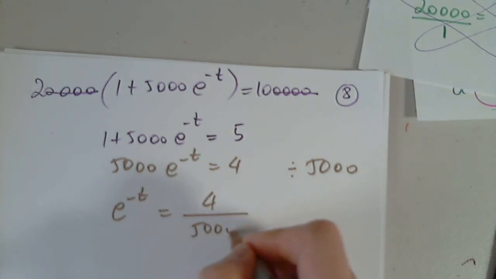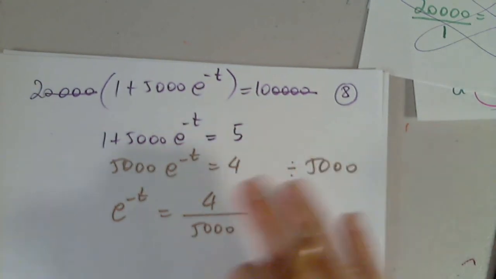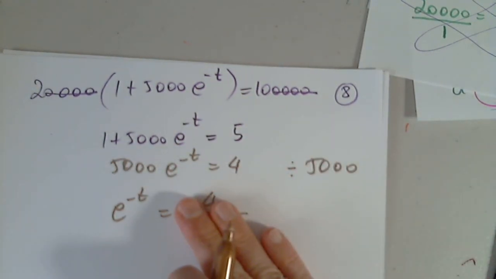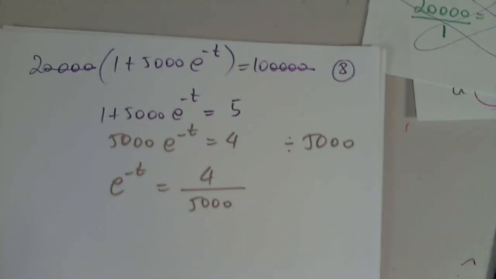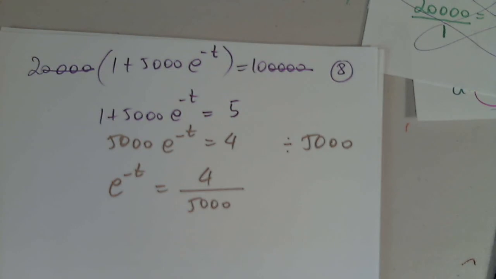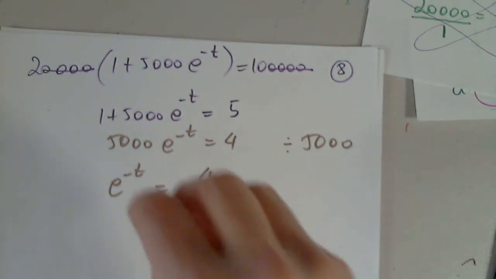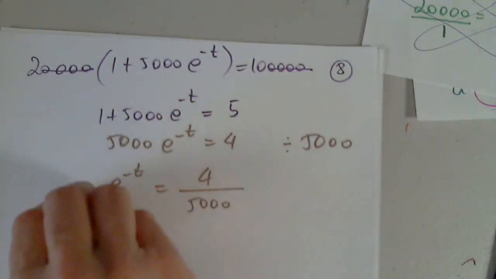I don't care to even find it. You can simplify by 2 if you want, by 4. It doesn't matter. What do I do now? Because I'm solving for t, and both sides cannot be presented with the same base. There is no way. So what is my only chance now? Somehow to bring this negative t in front.